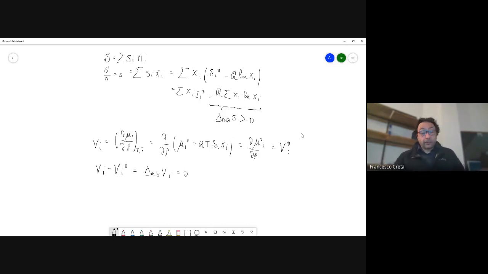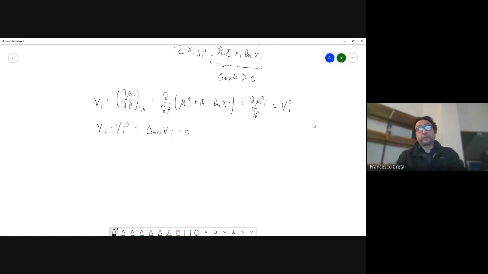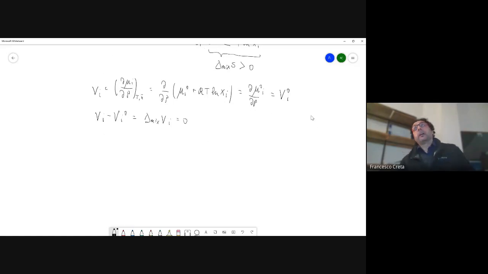What about enthalpy? Just to finish this concept. Does enthalpy change if I mix at the same temperature? If I add a pure species i to a mixture, will the mixture heat up or cool?